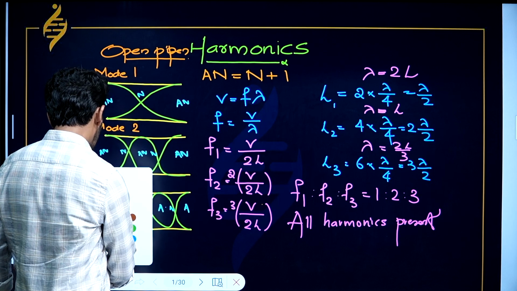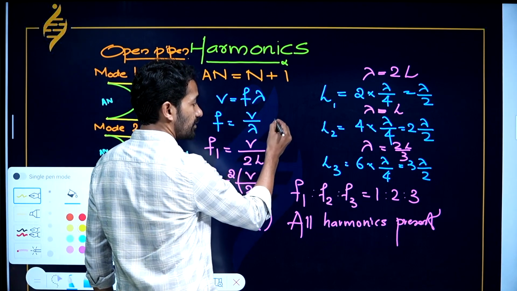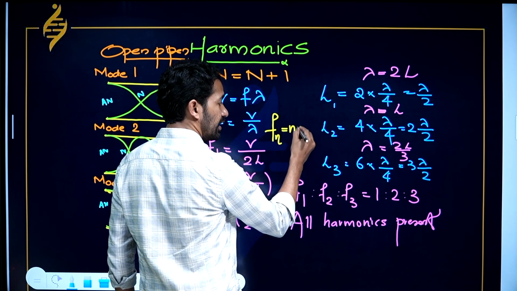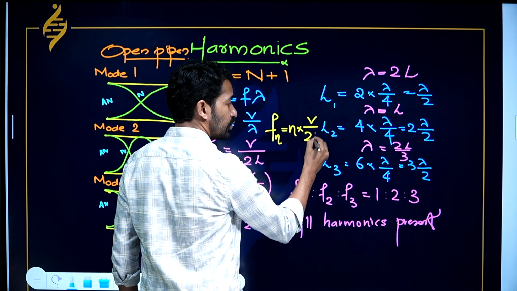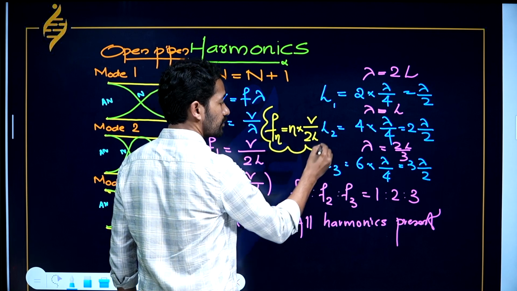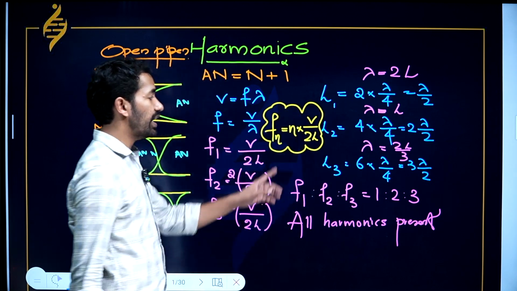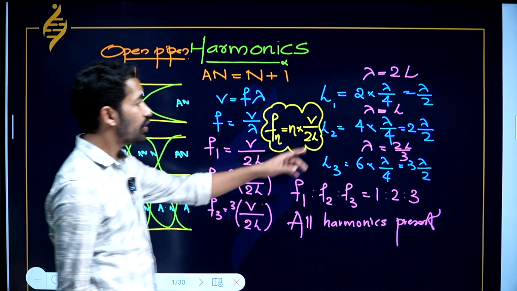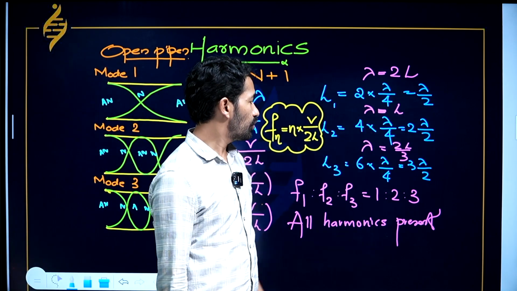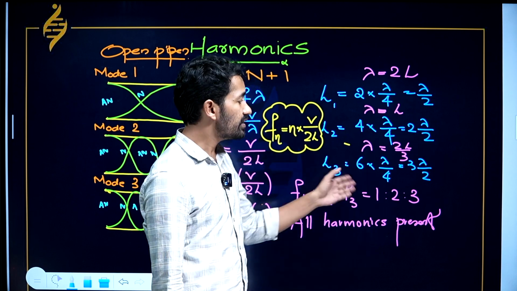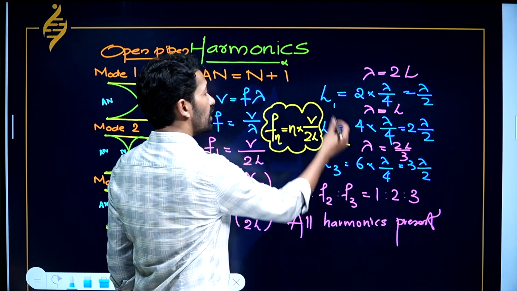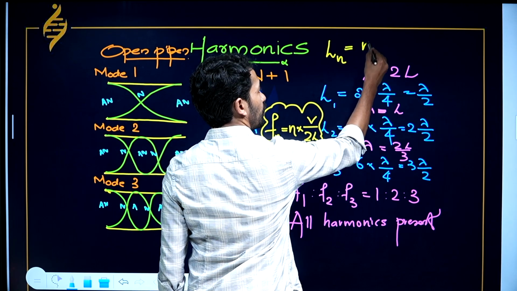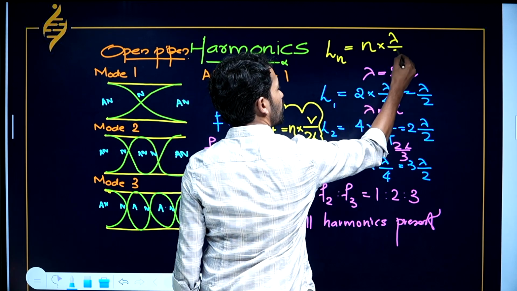For the nth mode, the frequency can be written as the final equation Fn is equal to n into v divided by 2L. Likewise, you know that length is equal to lambda by 2, or length is equal to 2 lambda by 2, length is equal to 3 lambda by 2. For the nth mode, length will be written as Ln is equal to n into lambda by 2.